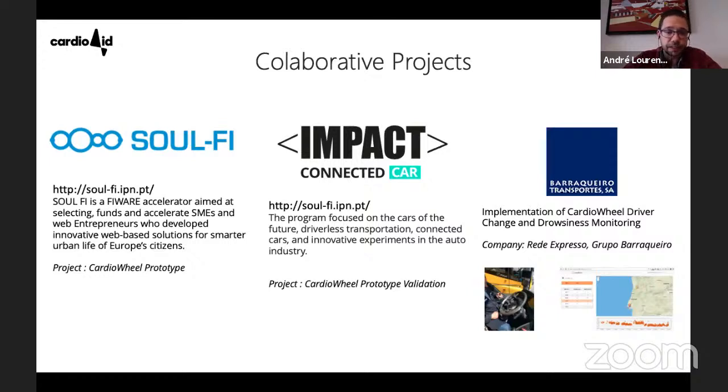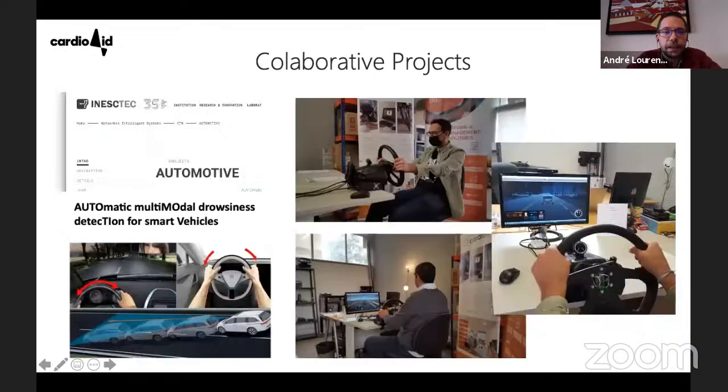So we have participated in several collaborative projects that helped, starting from a base technology, and then create prototypes that were validated and were deployed in the real world. So the Solfi, the Impact Connected Car, and Barraqueiro Transport projects were part of this pipeline.